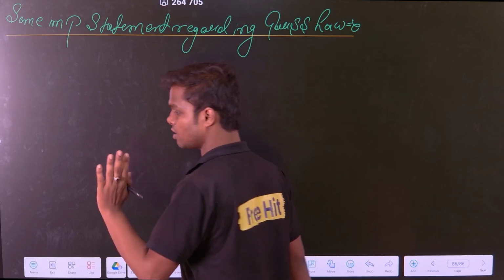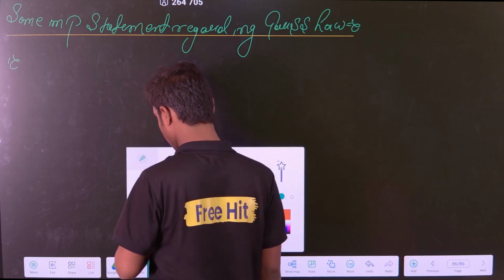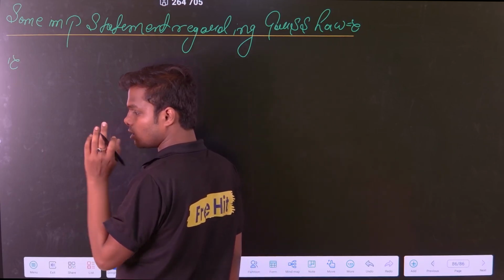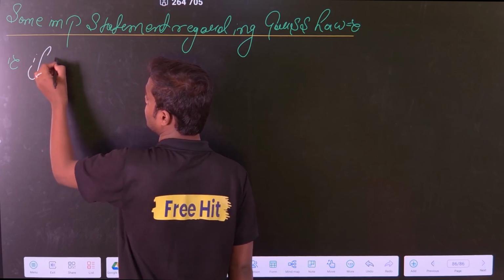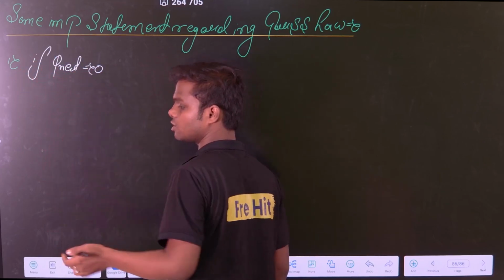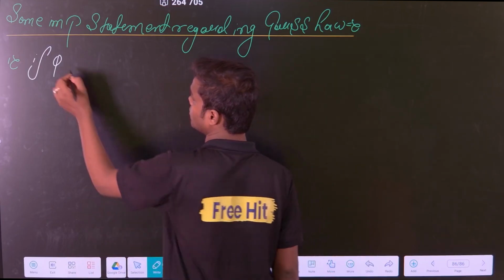Clear? So let me write the first statement. Statement number 1. What is the statement? Let's see. If my Q net, or better to say Q in, otherwise people will be confused.